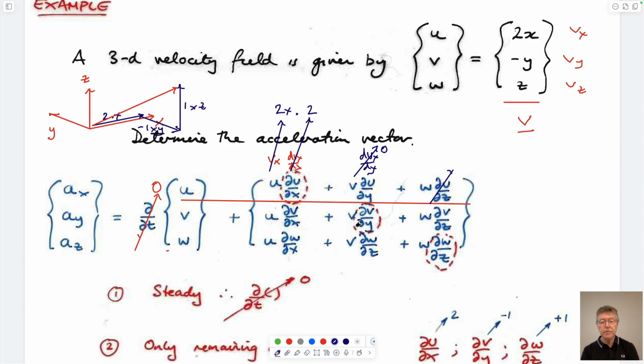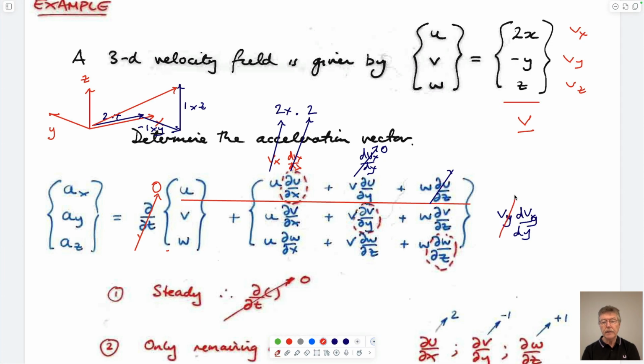And the only other terms would be this term here, Vx times dVx dy. No, wrong, right? Sorry. This is y, right? I know it's getting confusing. Vx, Vy, Vz. And so this would be what?